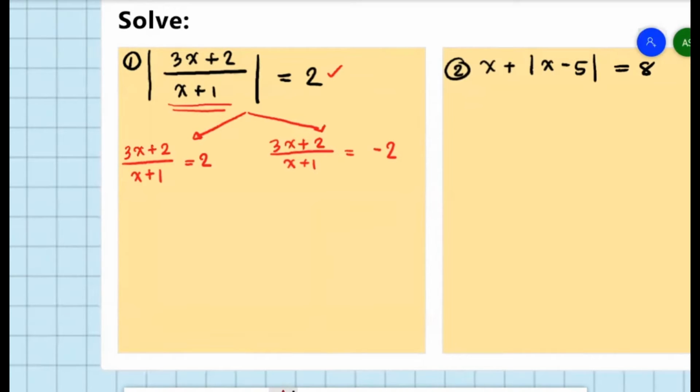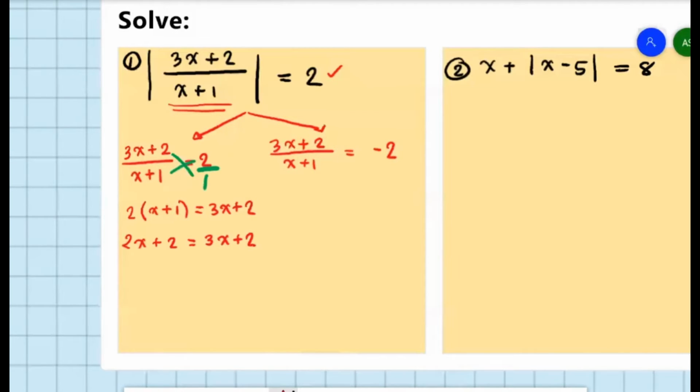So now let us check how we are going to simplify this, using fractions. We have to cross multiply, so that will give you 2 bracket x plus 1 is equal to 3x plus 2. This will give you 2x plus 2, so distribute your 2, is equal to 3x plus 2.